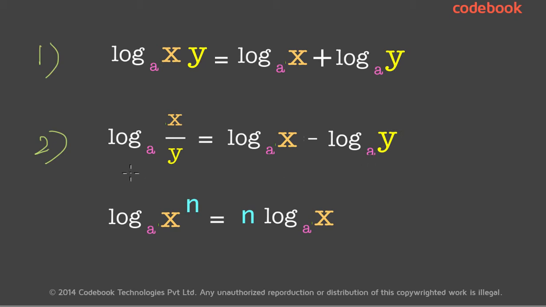Again, the logarithm of the division of two numbers is equal to the difference of the logarithms of the individual numbers. And the final law states that log x power n to the base a is equal to n log x to the base a, which is, the log of the power of a number is equal to the product of the power and the logarithm of that number.